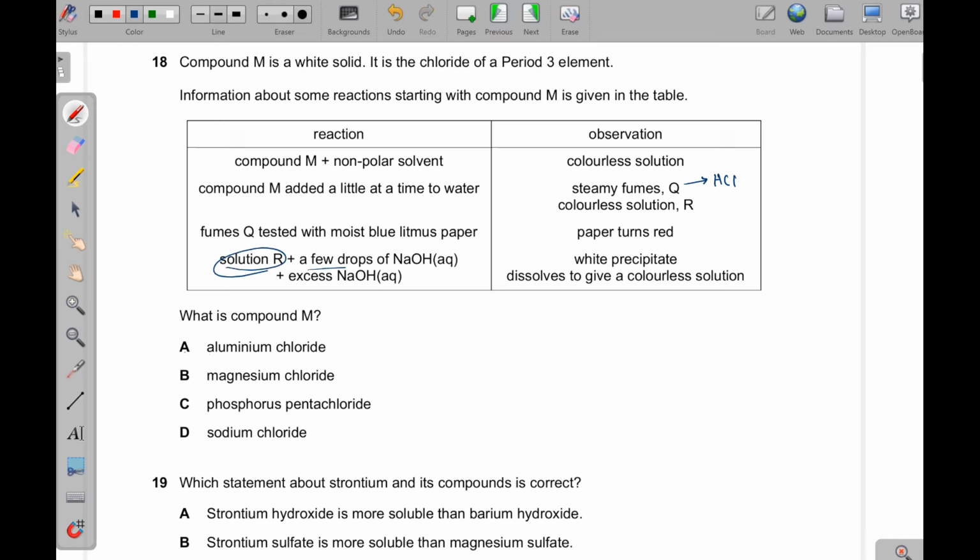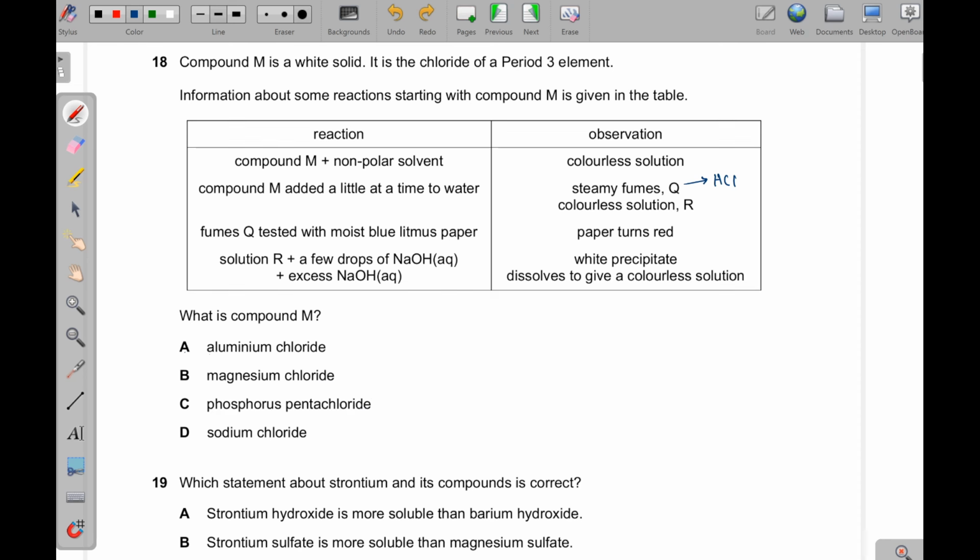Then solution R plus a few drops of sodium hydroxide, and then excess. First of all, we get a white precipitate, okay? And then it dissolves to give a colorless solution. Actually, when you look at all of this, we have phosphorus pentachloride.